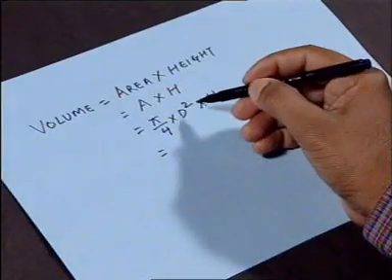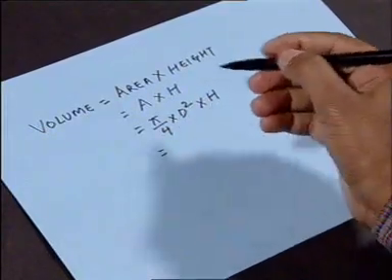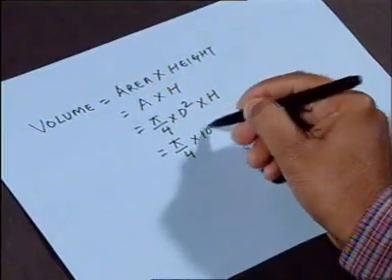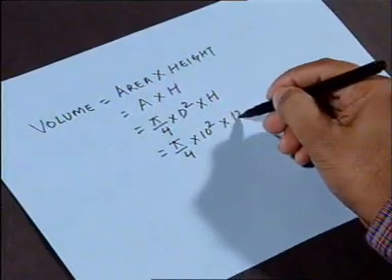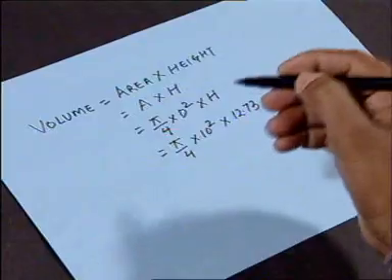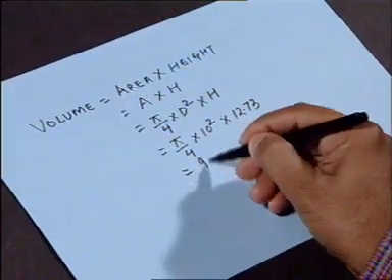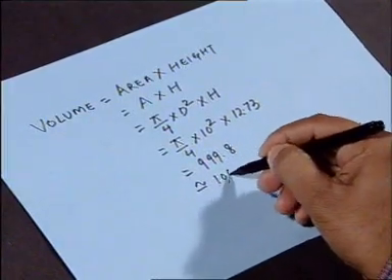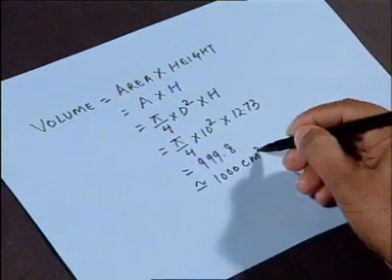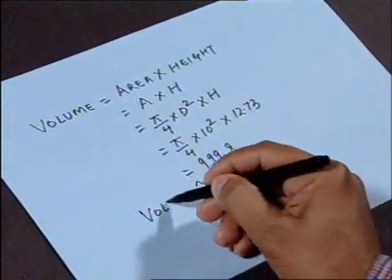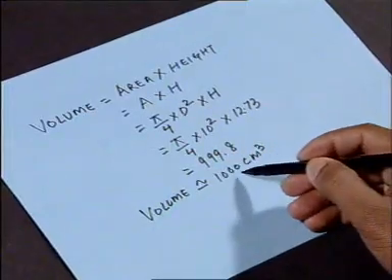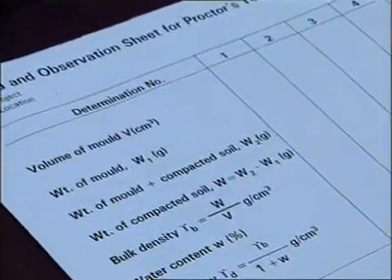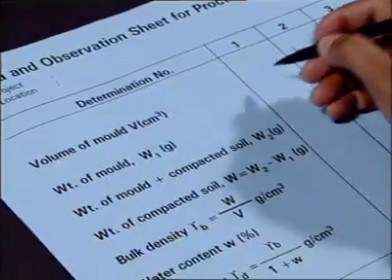By putting the values of diameter and height of the compaction mold, the volume of the compaction mold is 1000 centimeter cube. Record the volume of the mold in the prescribed proforma.